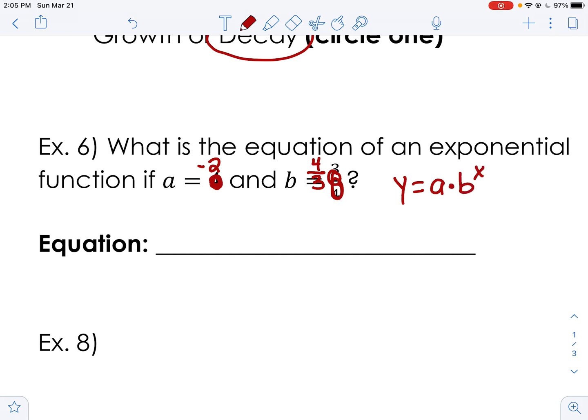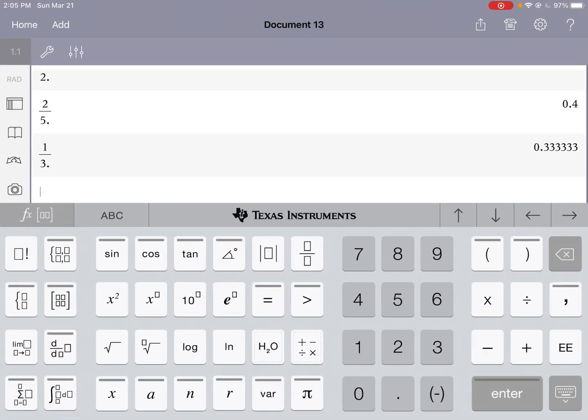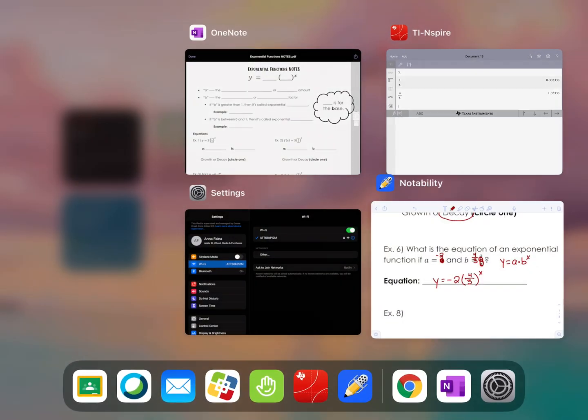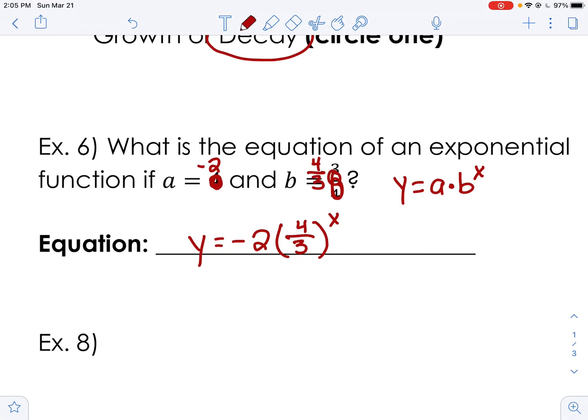So my equation, y equals -2 times 4/3 to the x power. 4/3, we change that to a decimal. We get 1.3 repeating, so that would be growth. But again, it just wanted the equation.